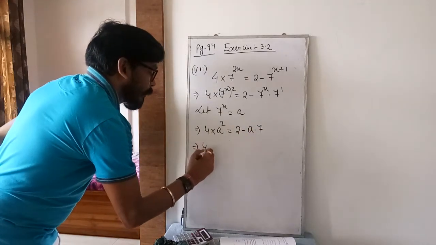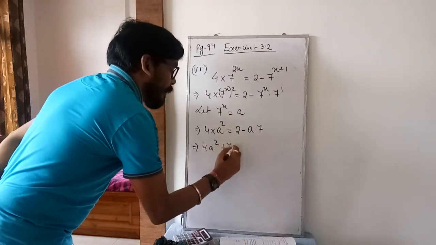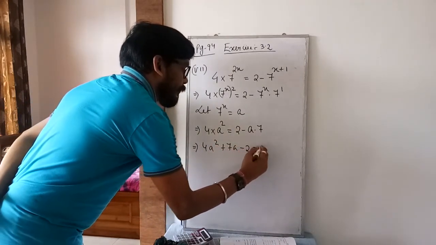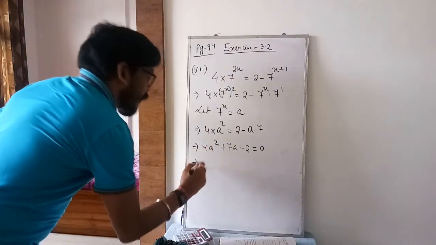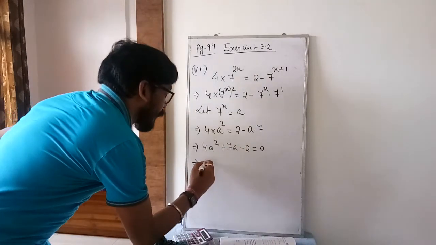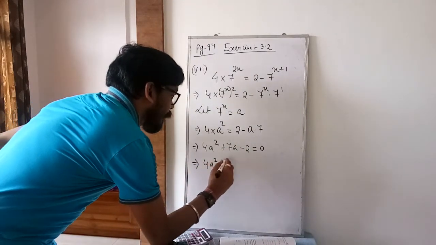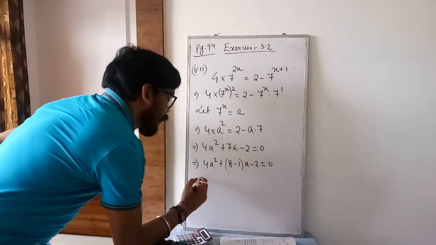So here you got 4a square minus 7a means it will become plus 7a and minus 2. Okay. So now here it is 3 terms. You can solve it by using middle term. So 8 minus 1. So it is 4a square plus 8a minus 1a minus 2 equal to 0.